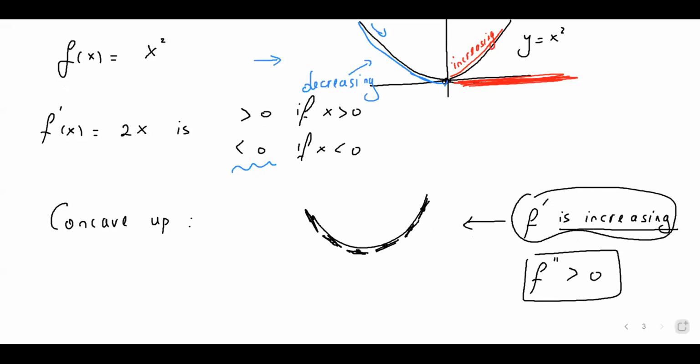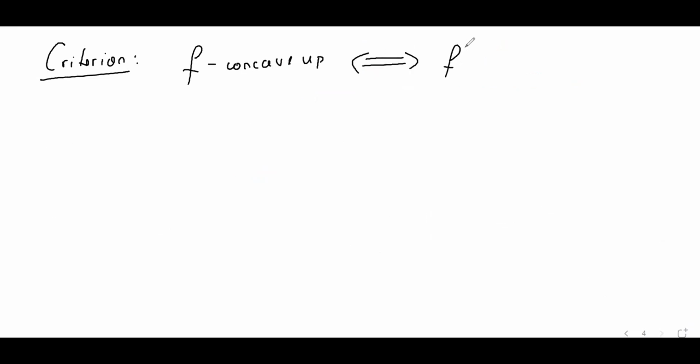So that takes us to the second criterion over here, and that criterion, oops, sorry about that, criterion, and also here, f concave up is equivalent to f prime prime being positive.